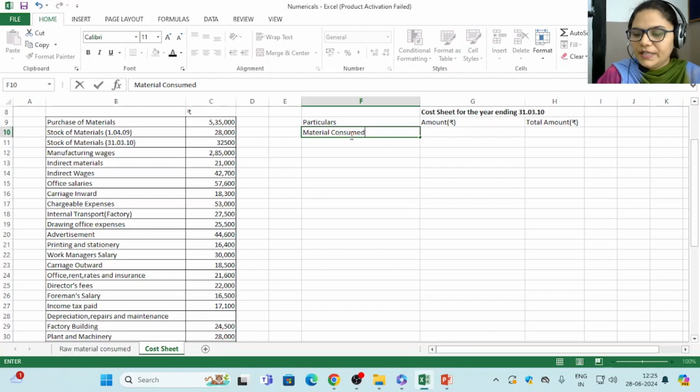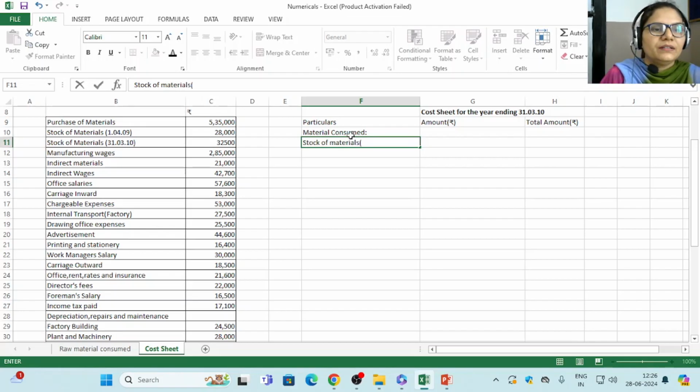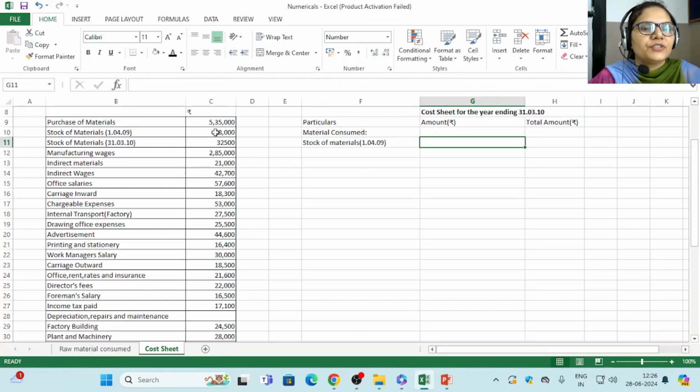First of all, we will write the opening stock. Stock of materials, 1/04/2009, it is 28,000.